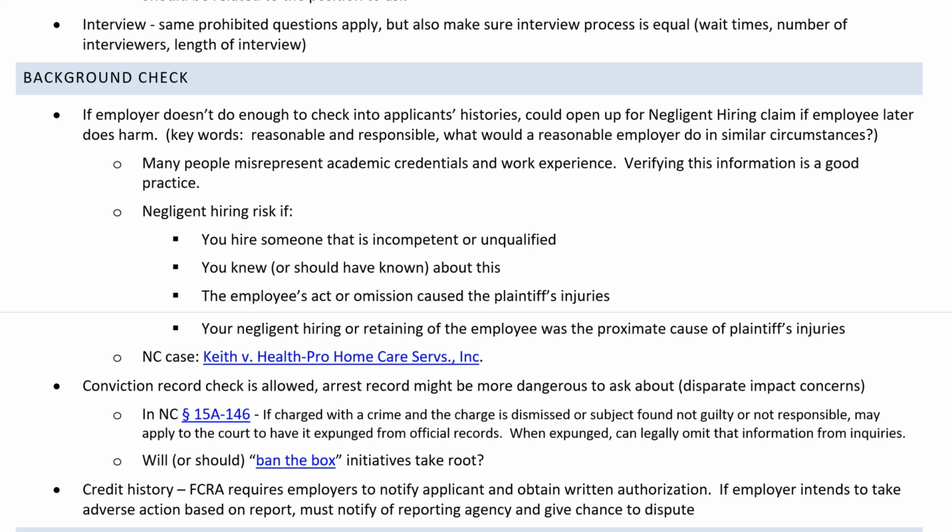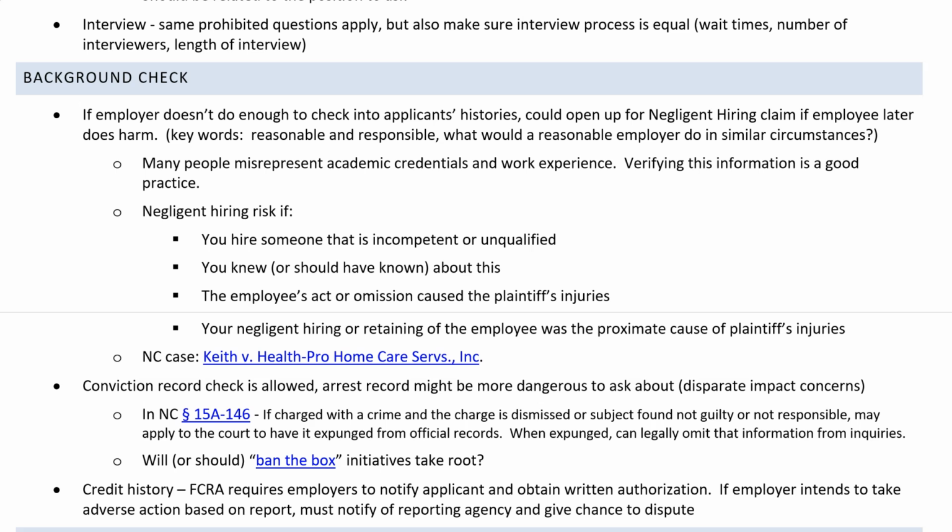This is a good idea to do for the reasons that we'll get into here in just a minute. If an employer doesn't do a little bit of a background check, at least some kind of background check, to look into an applicant's histories, it could open me up for a negligent hiring claim later on if an employer does some kind of harm.